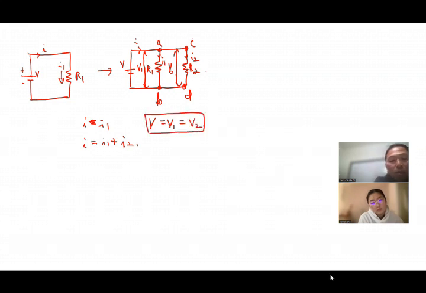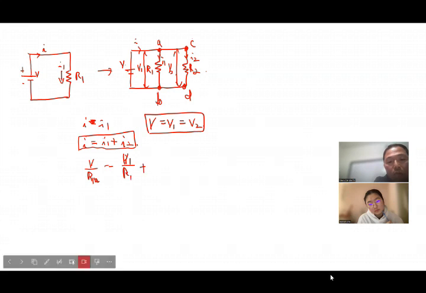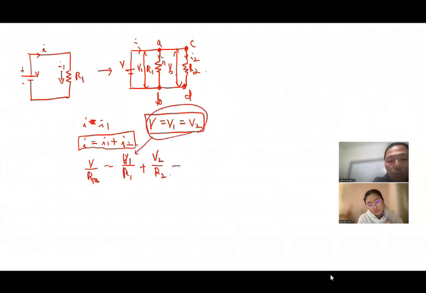So with that relationship, you re-express the junction rule with the voltage, potential difference, and resistance. V over R12 is V1 over R1 plus V2 over R2. Applying the relationship, 1 over R12 is the same as 1 over R1 plus 1 over R2.